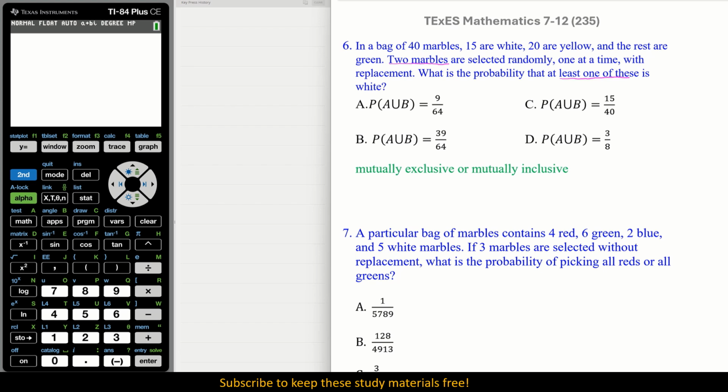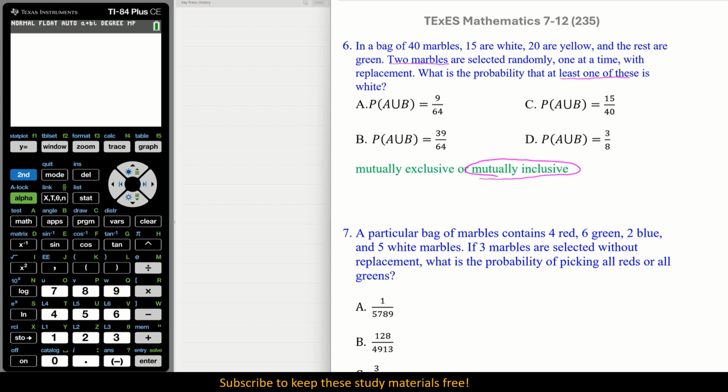We have several white in our bag, and we're only asking for one, so that means we could end up with 2 of them being white, 2 desirable situations, and that is an overlap of probability. So that would be called mutually inclusive because there is a probability of overlap, not necessarily happening at the same time, but it could happen together.